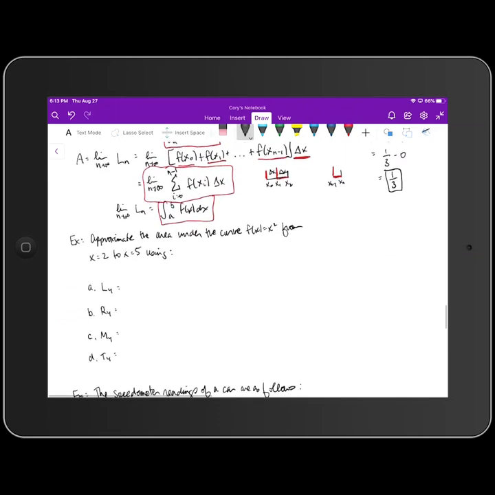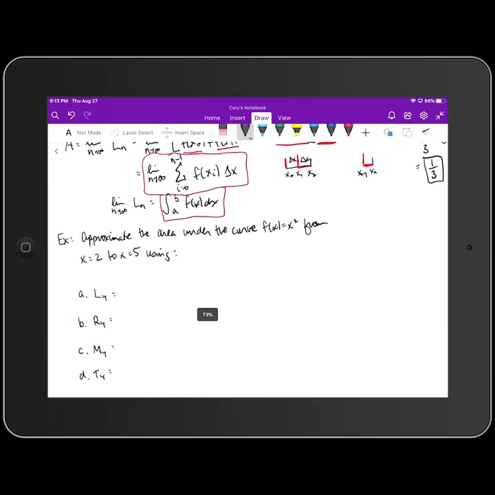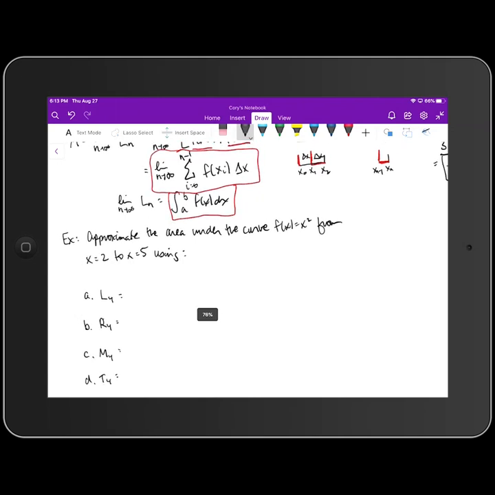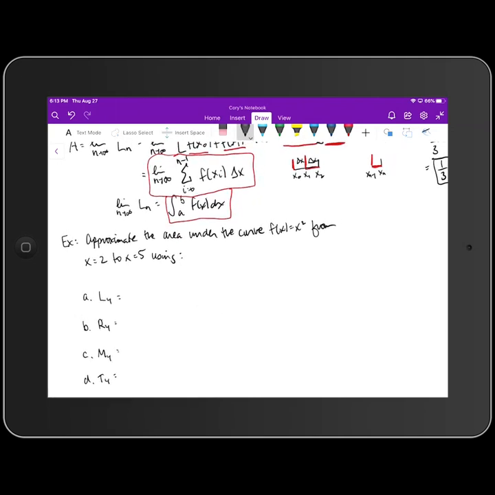So I'm going to do another example similar to the previous one that we looked at. And then I have some examples of utilizing data table information as well with the same concept.